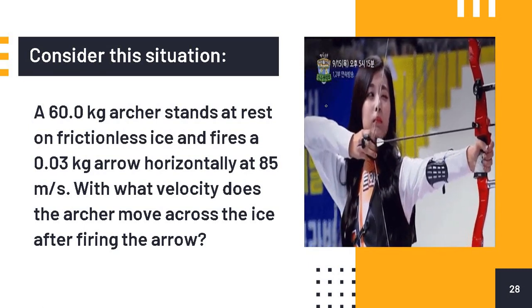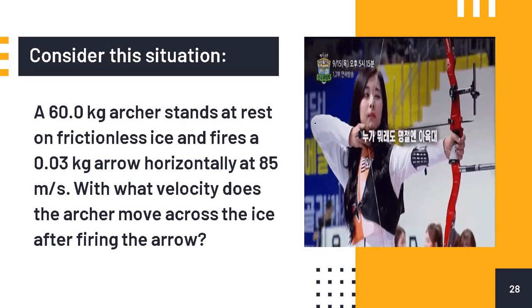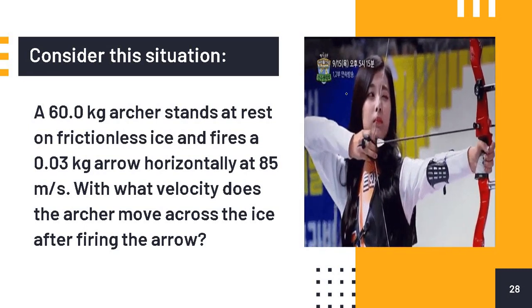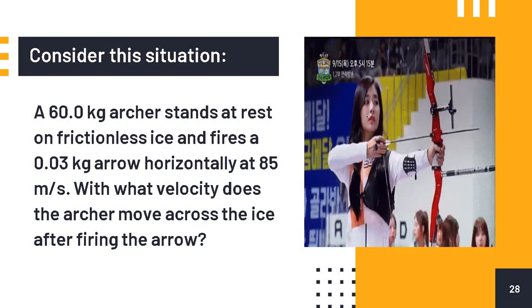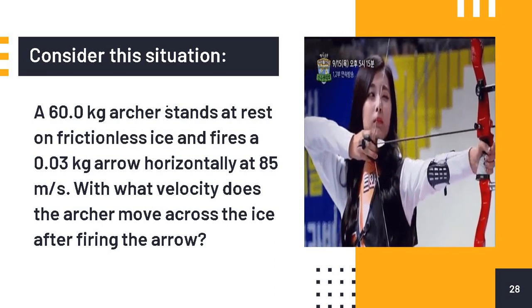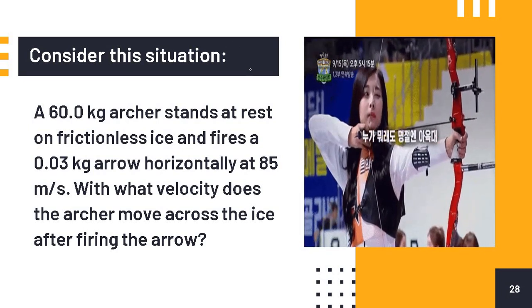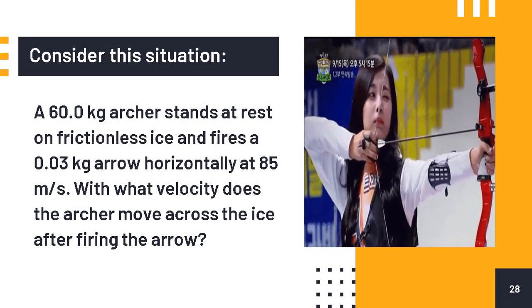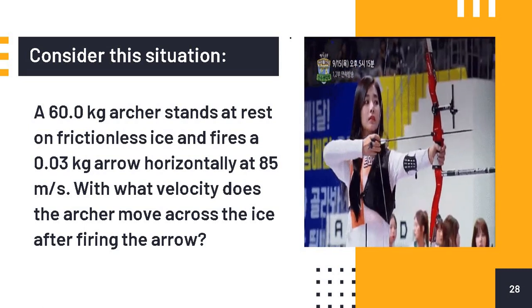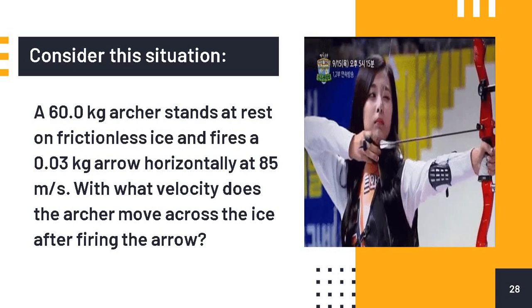Since we already discussed force diagrams and energy models, can we actually solve this problem using those things? Using force diagrams, which you may remember are also free body diagrams, we can't actually solve this problem because we don't have any information about the acceleration of the archer.